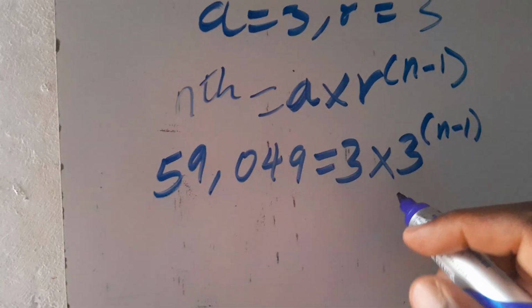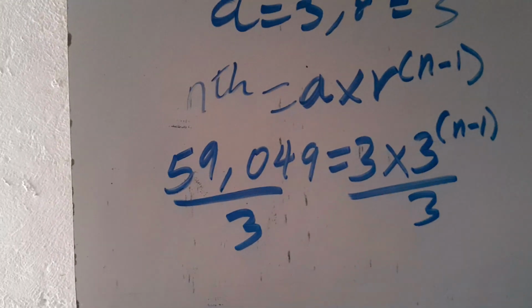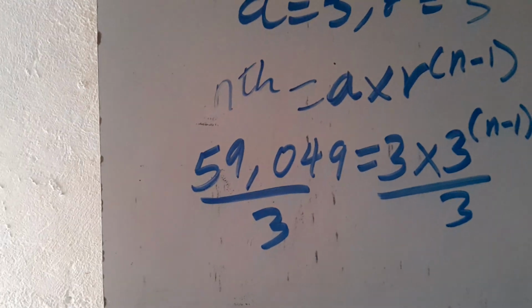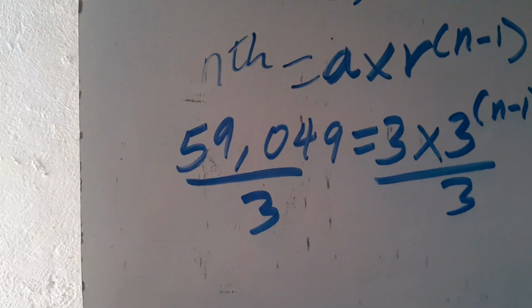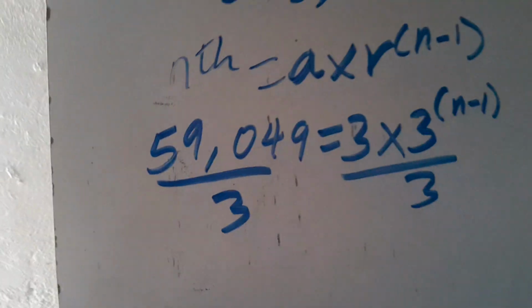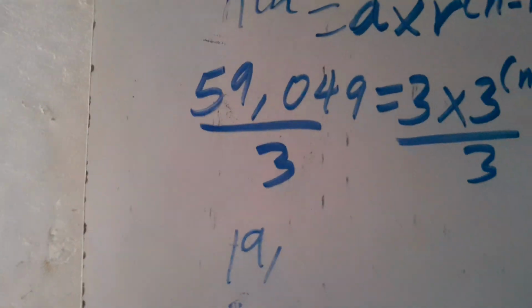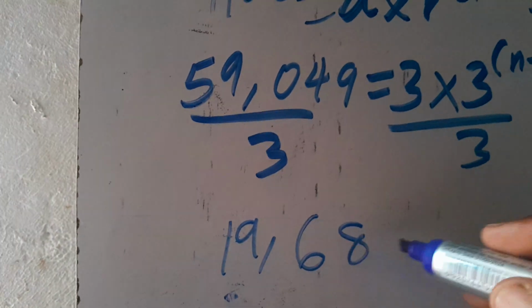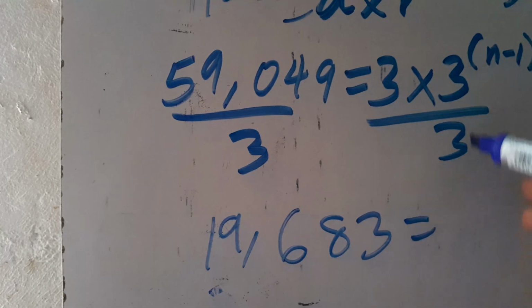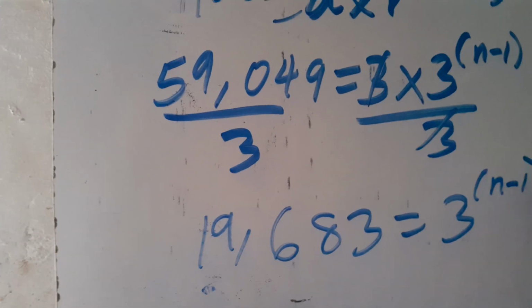Divide all by 3, and you will have 19,683 is equal to 3 raised to power n minus 1.